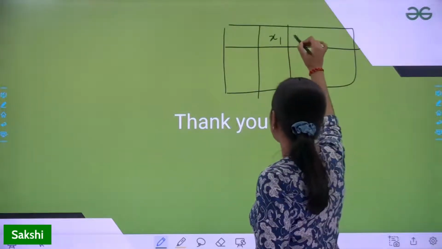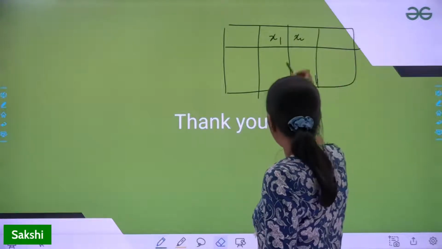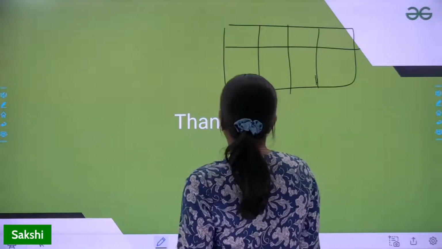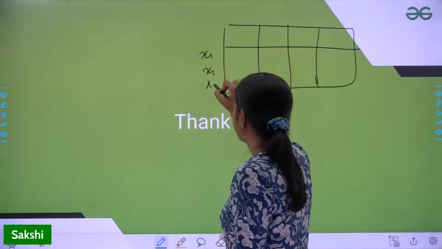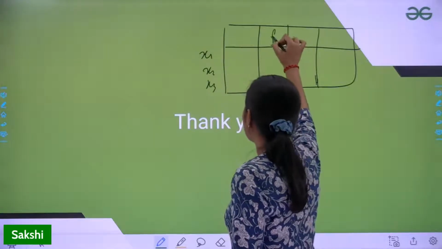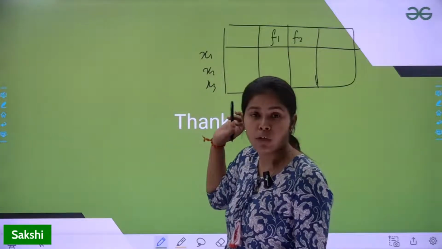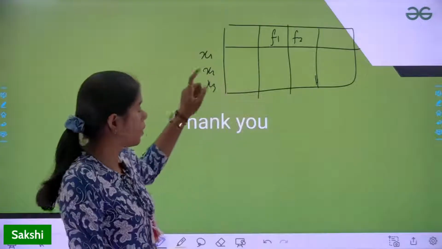So we have x1, x2, x3 vectors, and these are the features f1 and f2 that I am writing, so that you do not get confused about which values I have used in the formula and the problem, right?